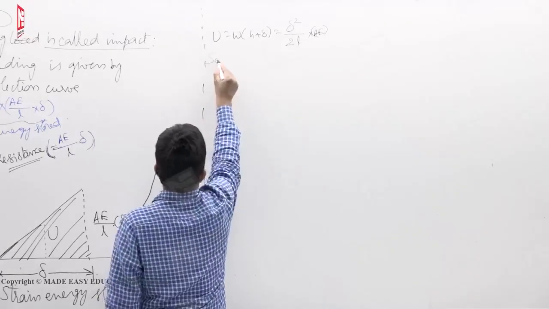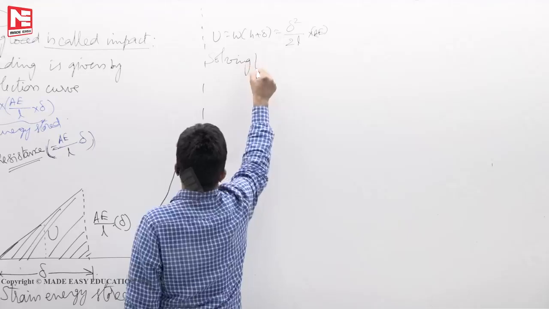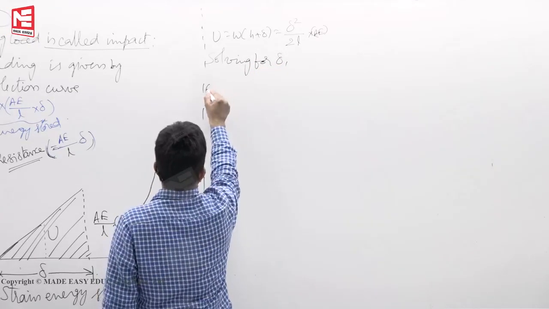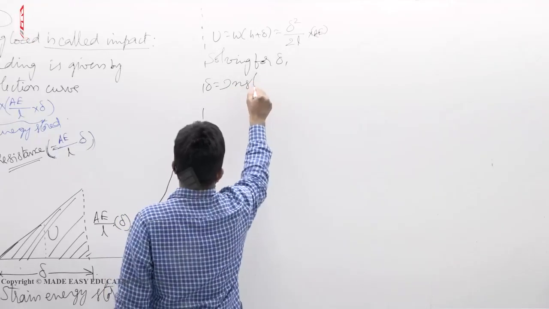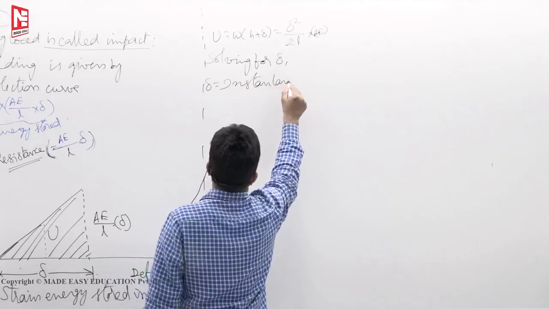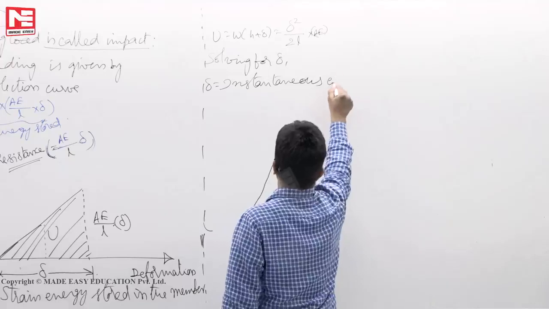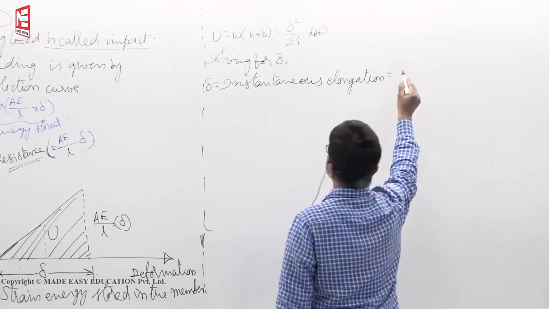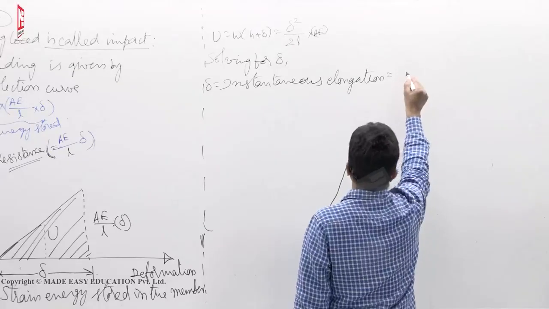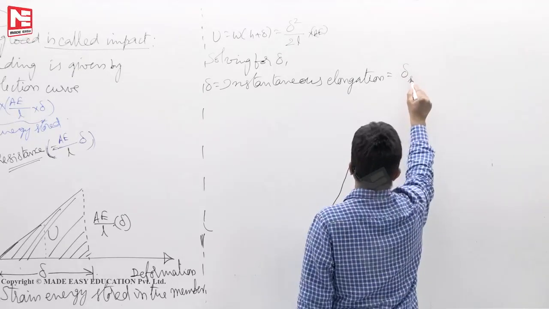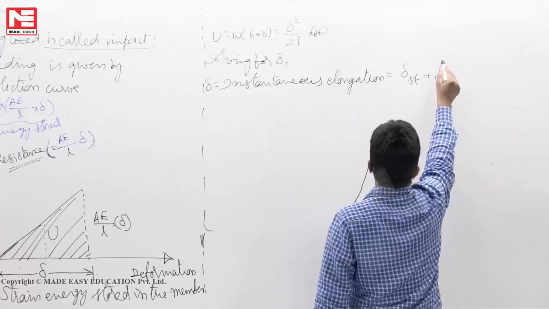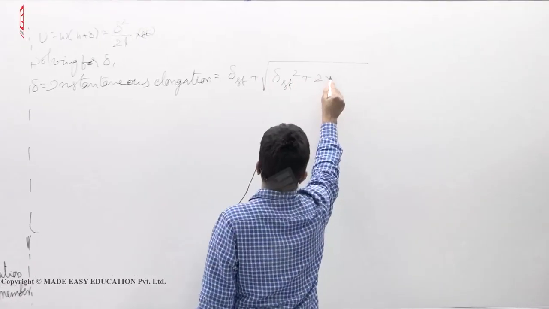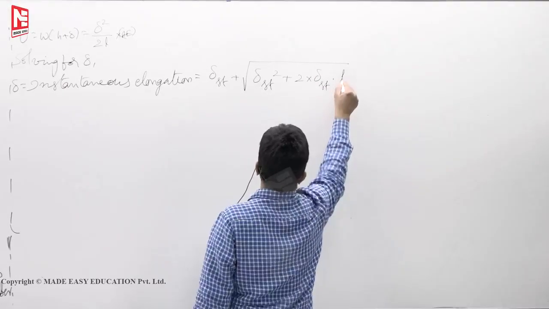Solving for delta, you will get what we call the instantaneous elongation, which is equal to static elongation plus square root of static elongation square plus 2 into static elongation into H.